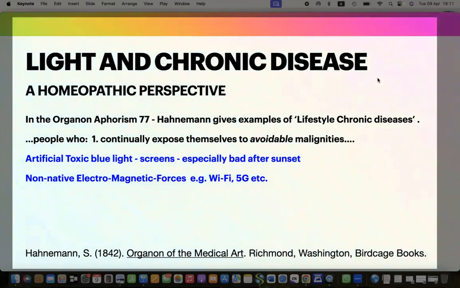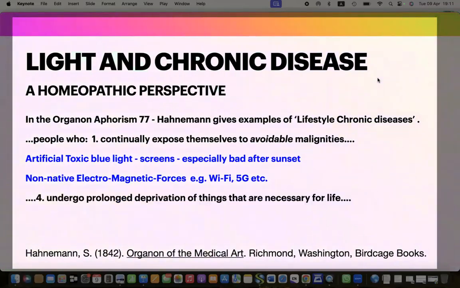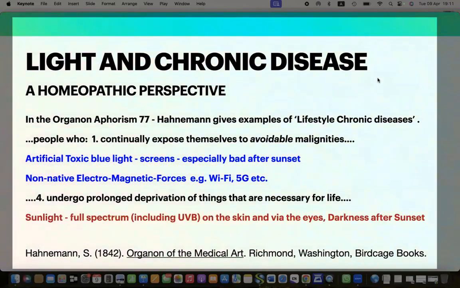Non-native electromagnetic forces or lights, Wi-Fi, 5G, etc. And also he talks about people who undergo prolonged deprivation of things necessary for life. So we really have to say, now that we've moved inside, we no longer live outside, that we are depriving ourselves of sunlight, full spectrum, including ultraviolet B radiation on the skin and via the eyes.